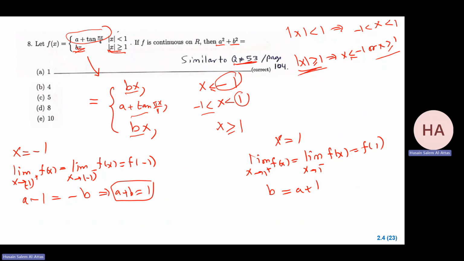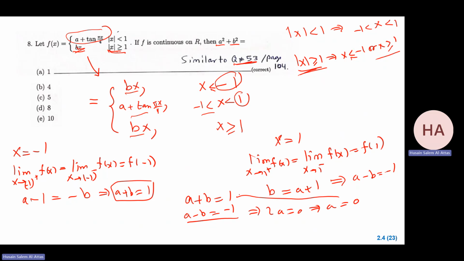In this case, it's minus 1. So I have a minus b equals minus 1. I took b to this side and 1 to the other side. So I have a plus b equals 1, a minus b equals minus 1. Add them. I'm getting 2a equals 0. So a equals 0. Plug it here.